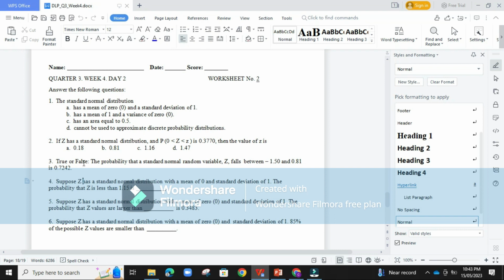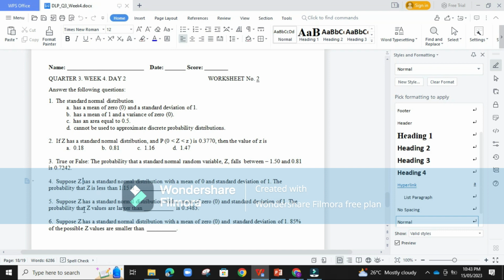Okay, for number 3, you have here the probability that a standard normal random variable Z falls between negative 1.50 and 0.81 is 0.7242. Number 4, suppose Z has a standard normal distribution with a mean of 0 and a standard deviation of 1. The probability that Z is less than 1.15 is blank. Number 5, suppose Z has a standard normal distribution with a mean of 0 and a standard deviation of 1.